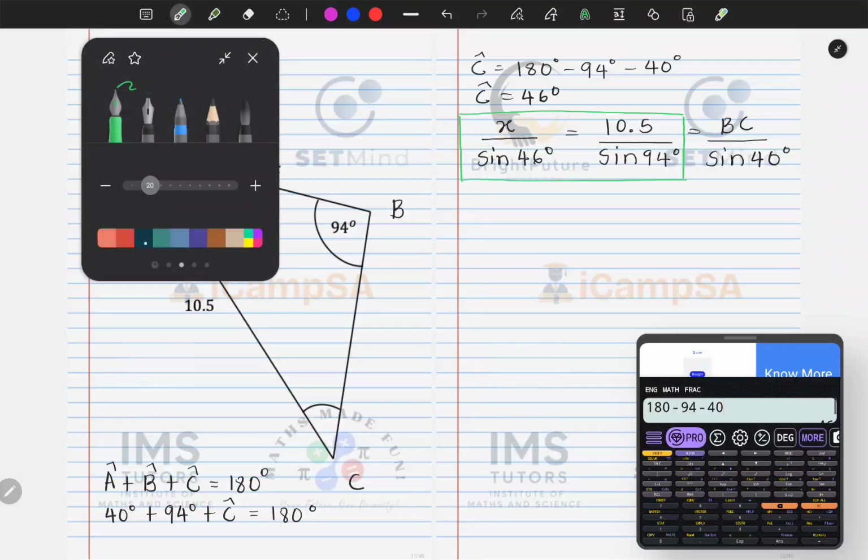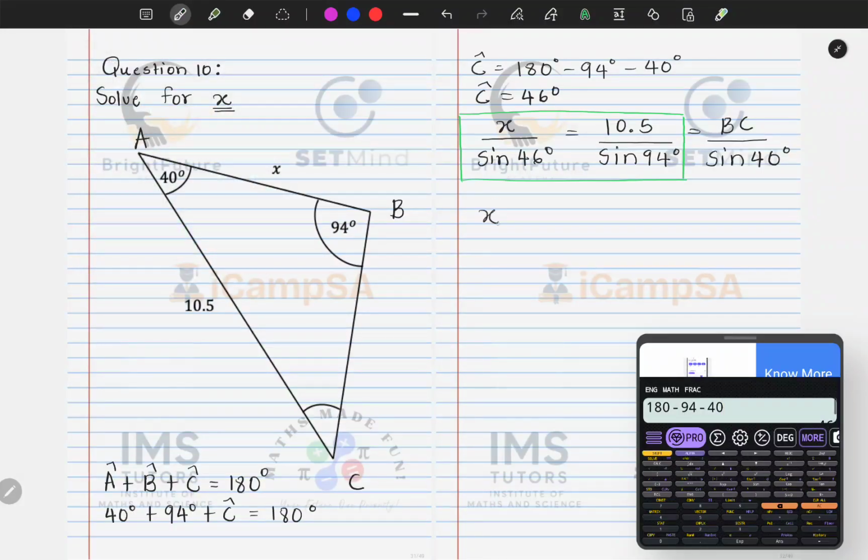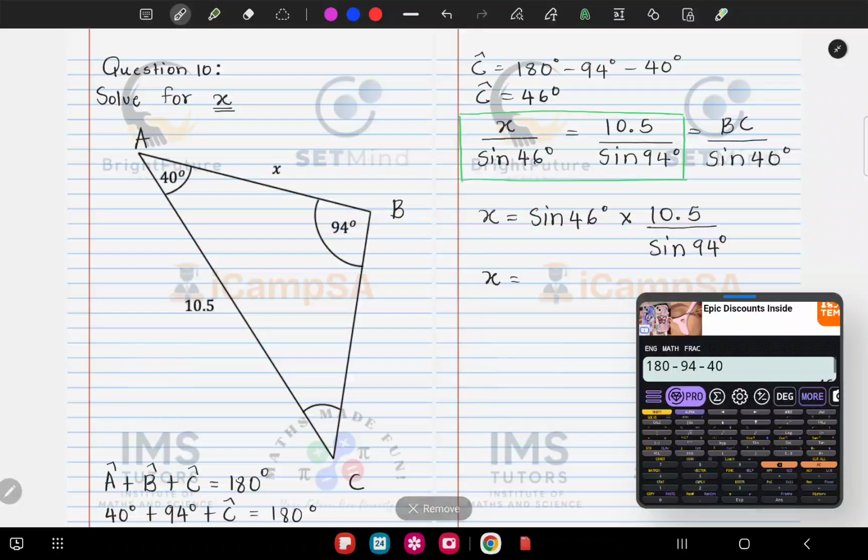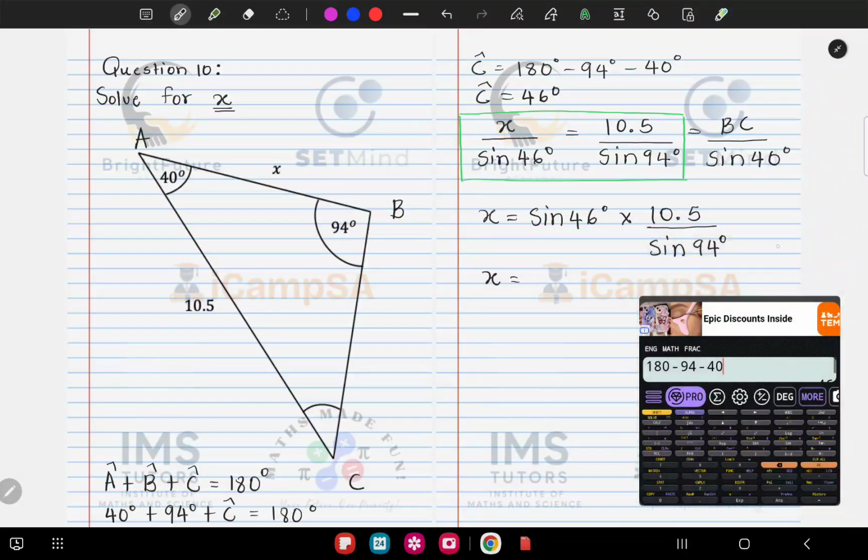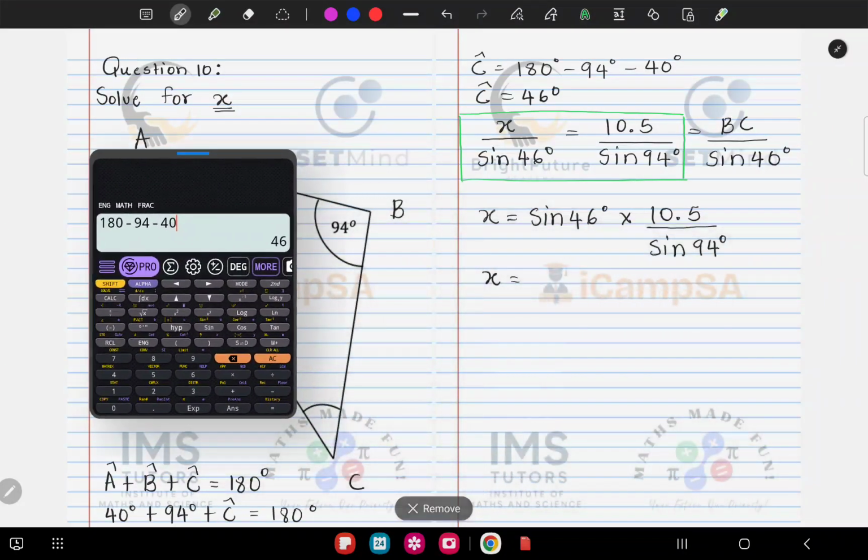So if you quickly do your cross multiplication here, you will realize that our x will just be sine of 46 degrees multiplied by 10.5 divided by sine of 94 degrees. So let's go ahead and punch in x on our calculator and see what happens. Okay, let's make it a bit bigger and move it.